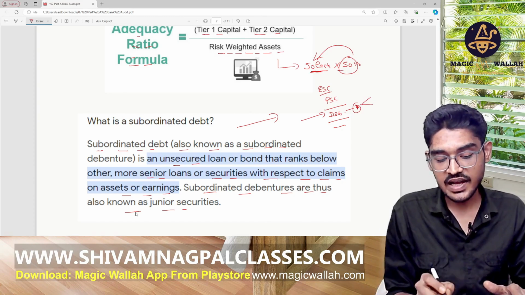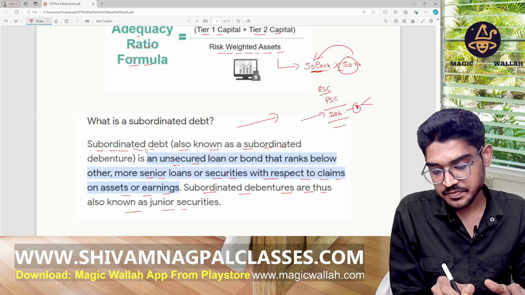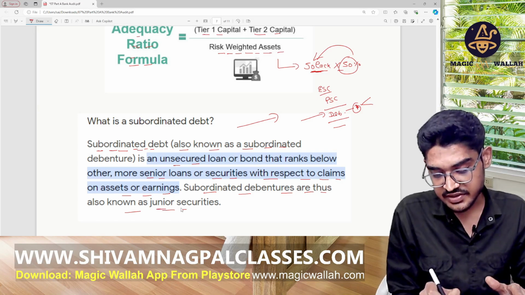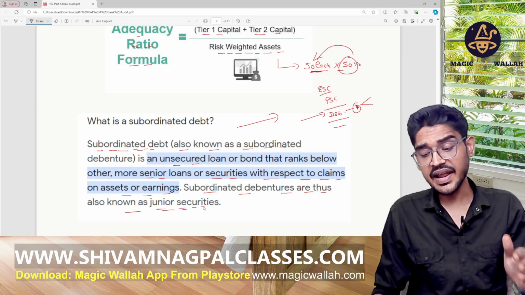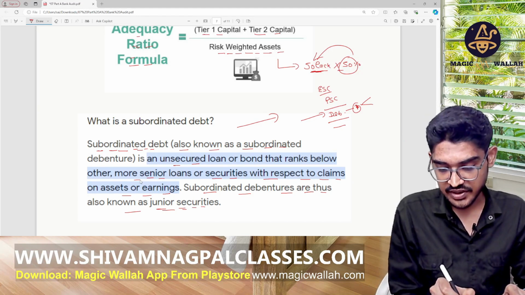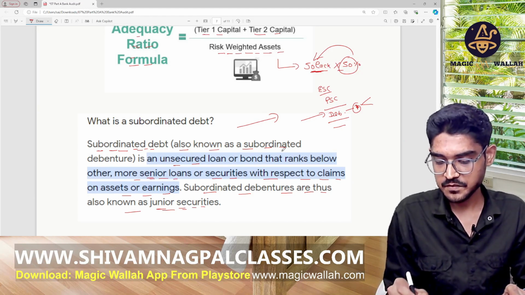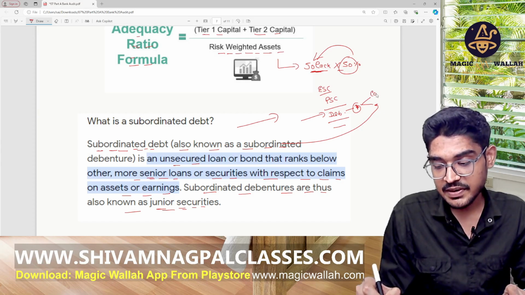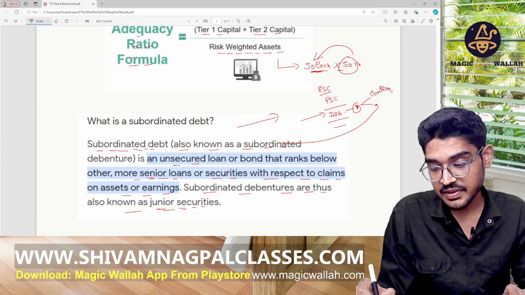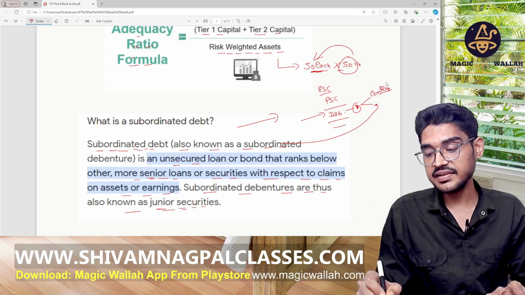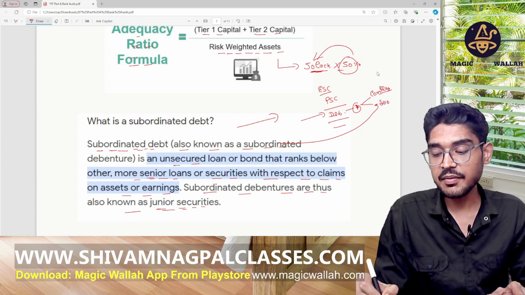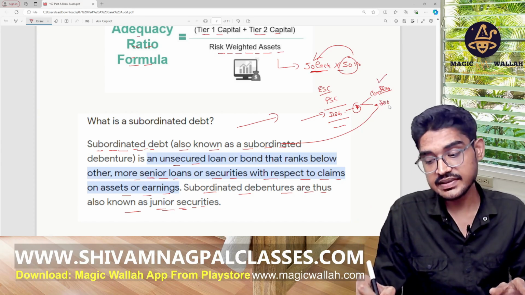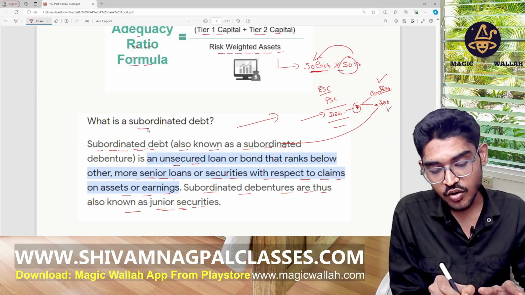Out of which one is the subordinated debt, that means a junior security. These are ranked below the other security. You can say there is a complete debenture, those having the complete claim, and there is a subordinated one. So first of all, the amount is paid to this, then to this subordinated debt.